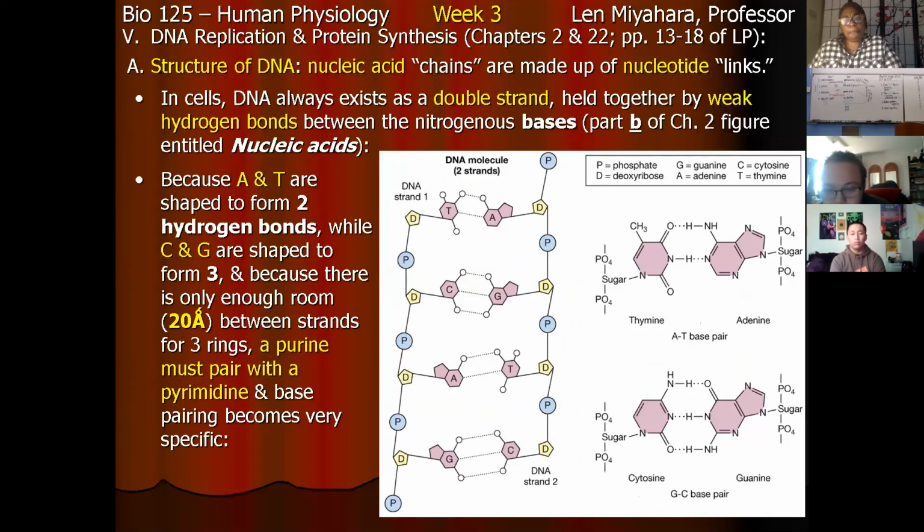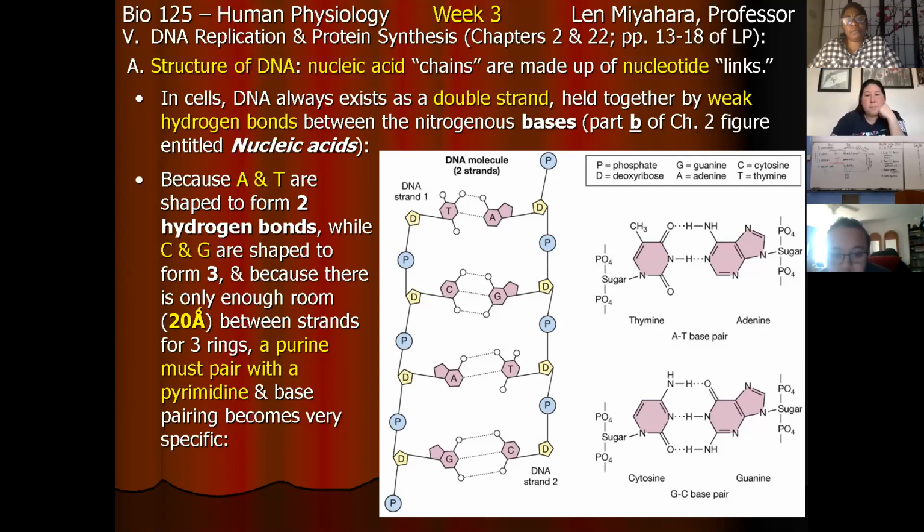What are the vertical runners made up of? Phosphate? And? Deoxyribose. And the sugar. It is alternating sugar, phosphate, sugar, phosphate, sugar, phosphate. That's the vertical runners.